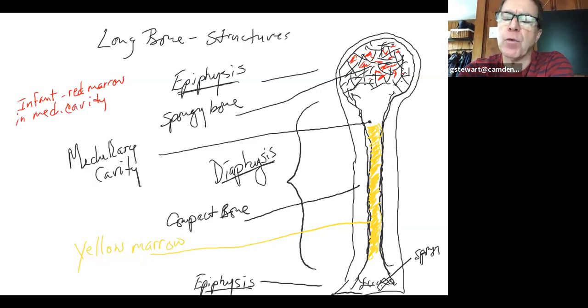So after we are babies and we start to grow and develop, the space goes from containing red marrow to yellow marrow. Now in an adult and in an infant, the epiphyses are all spongy bone with red marrow out here. So we do have our red marrow obviously as adults, but it's just not in the diaphysis medullary cavity. All right, so there's some basics.